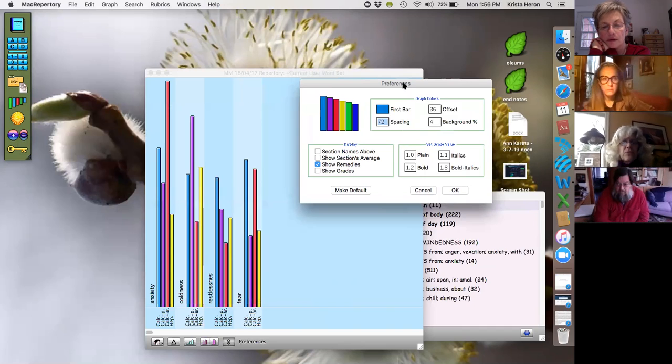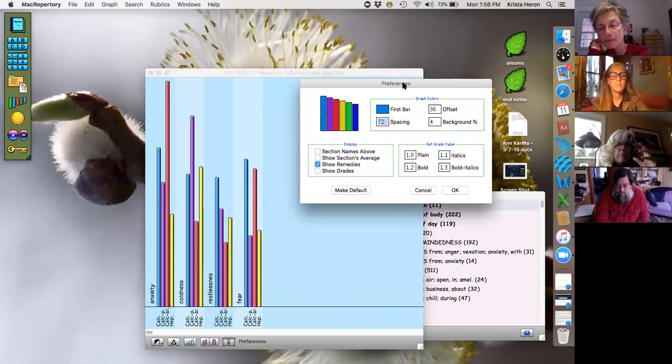Yeah. So if you have a remedy that only has 10 rubrics in it, but of those 10, 5 of them are anxiety, compared to something like hepar, just for example, that might only have 1 anxiety out of thousands of rubrics in the repertory, then that would tell you, wow, hepar really doesn't have much anxiety for such a well-known remedy.